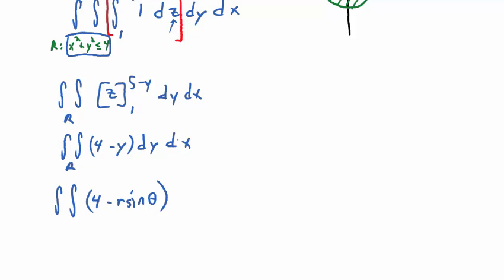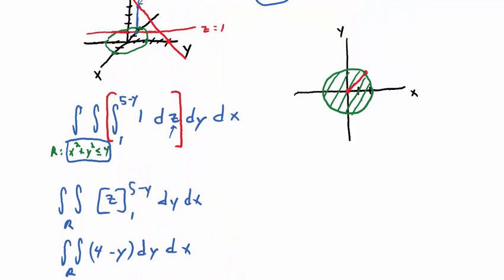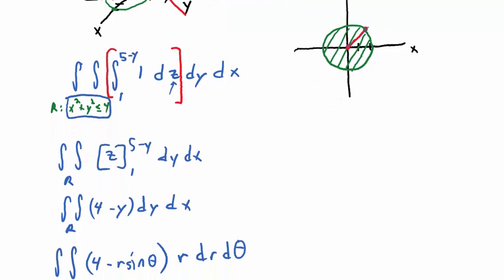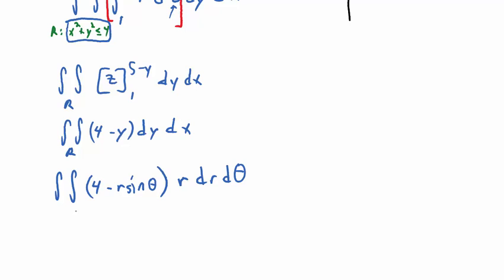The area element dy dx, or dA, becomes, remember, an extra factor of r and then dr d theta. And as we just said, r runs from 0 to 2 all the way out, so the inner limits become 0 and 2. And then theta runs all the way around, so 0 to 2 pi. So we evaluate that integral, and we're done.